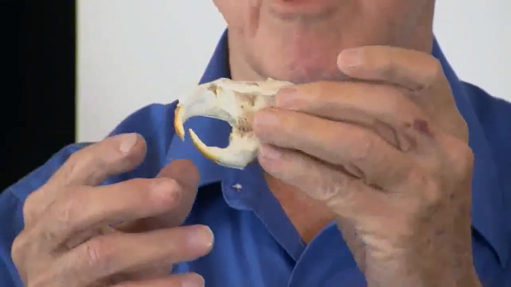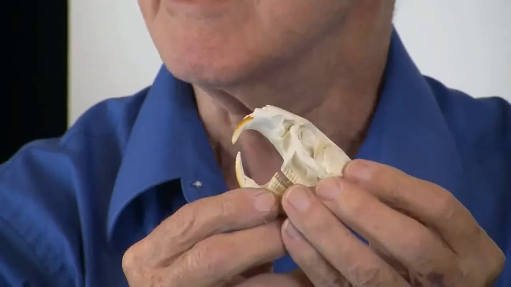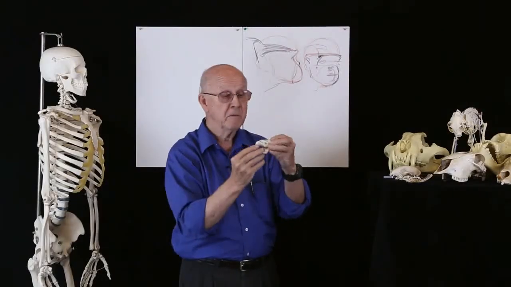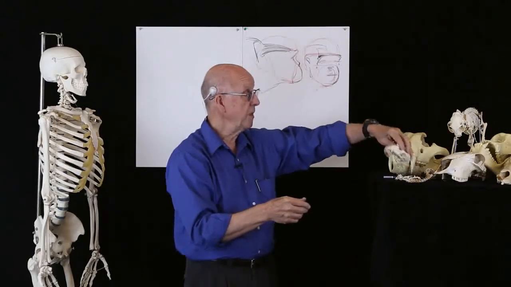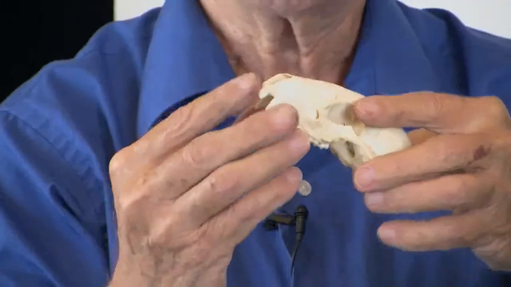Now, you look at this rodent, all the teeth obviously are showing you what the function is. They're chewing and gnawing. So everything builds on function. You look at where the eyes are.